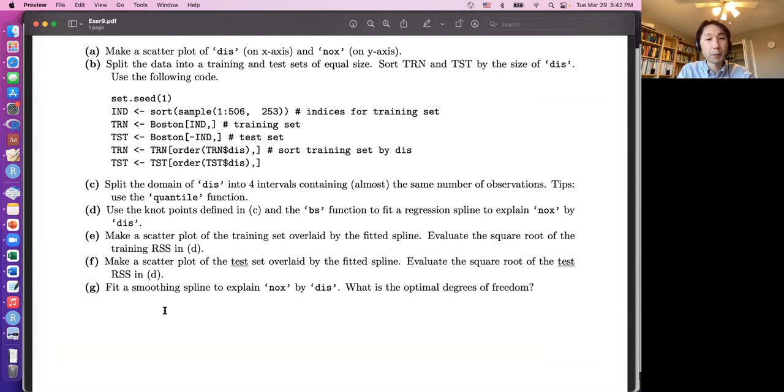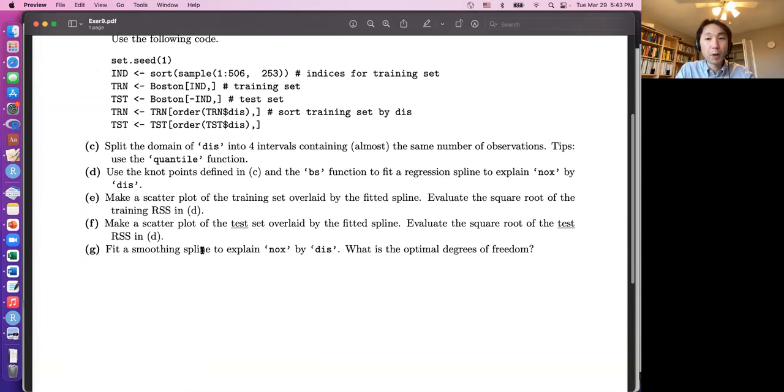Then we can fit the spline, but we penalize the non-smooth curve so that the obtained curve is somewhat smooth. Then you can also optimize the flexibility, the so-called effective degrees of freedom. What's the optimal effective degrees of freedom? You can test this using some method, maybe cross-validation.